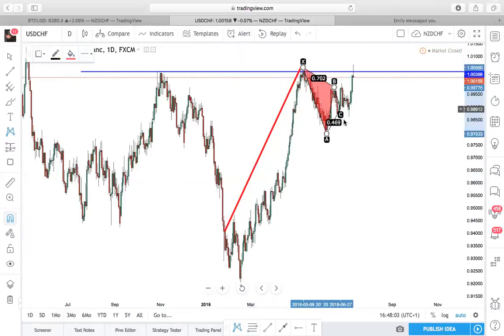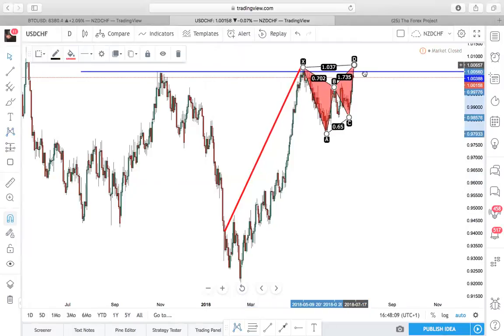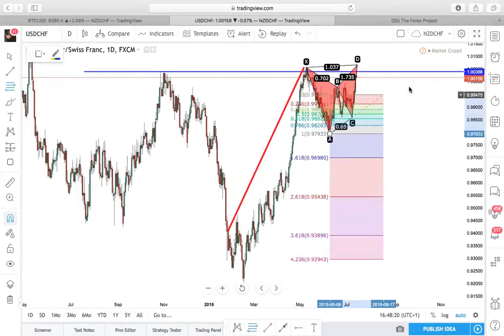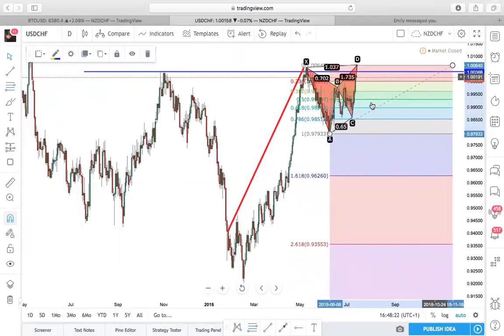Nope. But it does meet one of my new harmonic patterns I've been looking at. So I will share those with you when I am more confident in them. But I've noticed some different ratios that have been working lately on the daily chart.